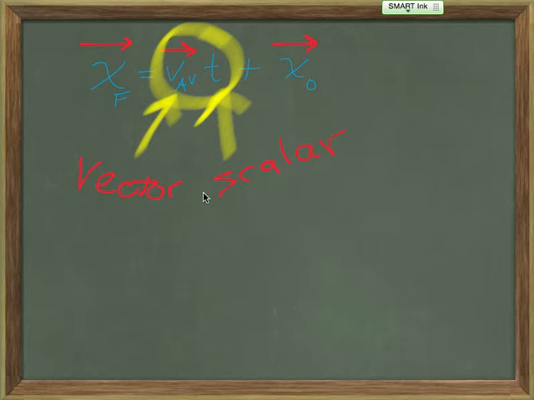That's an amount and a direction, or a magnitude and a direction. Time, however, is just an amount because time starts at 0 and always moves in a positive direction. So the question is, what happens to a velocity vector when you multiply it by time?